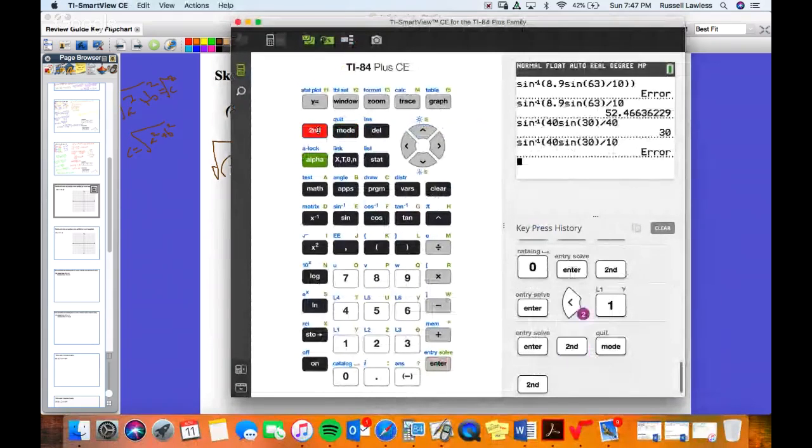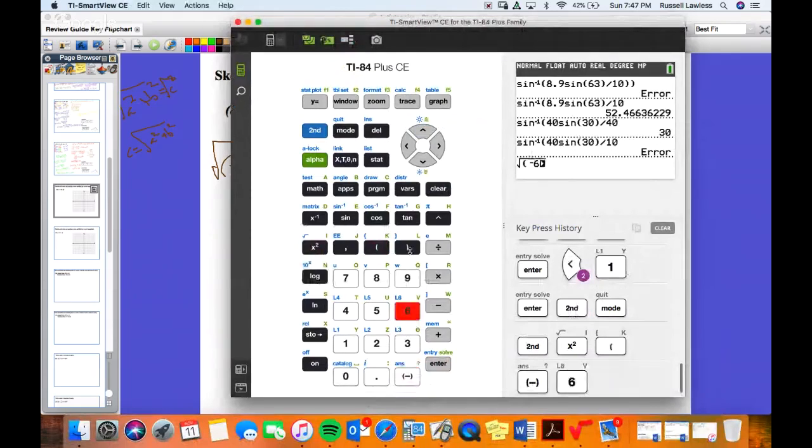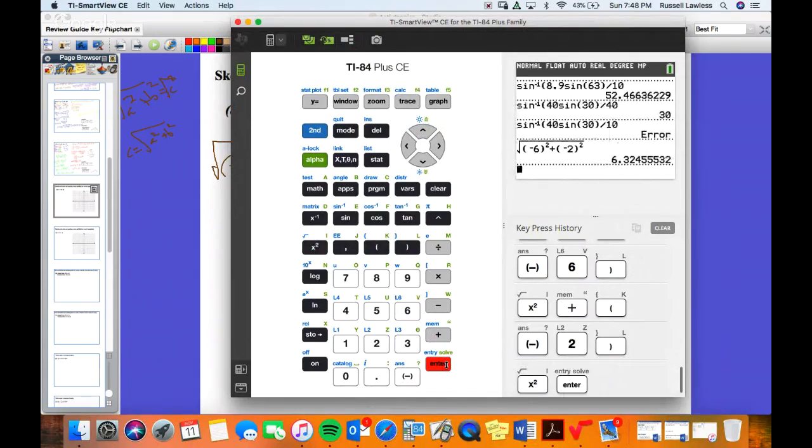When you're doing the square root of -6 squared, make sure that -6 is on the inside of the parentheses and that the square is on the outside of the parentheses. Same thing for -2, because we should get 6 point blah blah blah. That's a little complicated because your calculator won't give the exact answer, and I want the exact answer. That will be specified on the test. If it's rounded, you get 6.3.